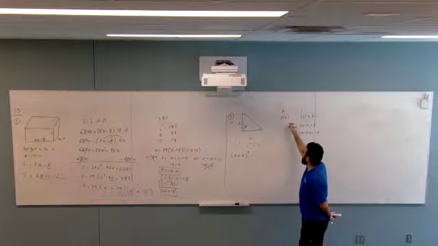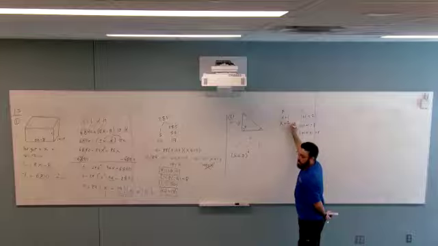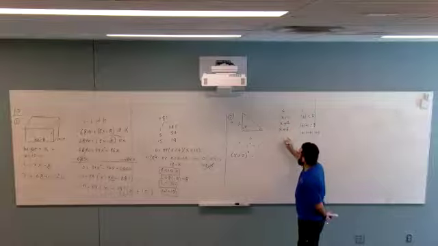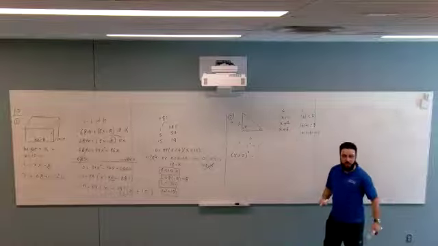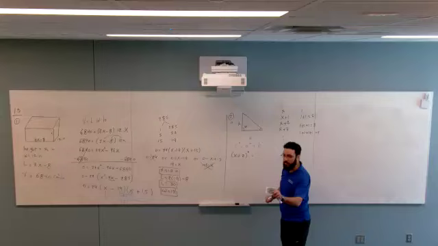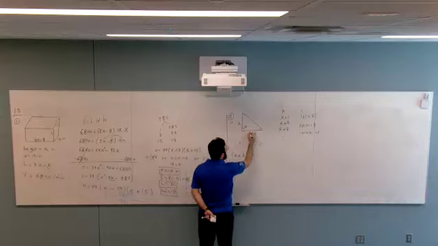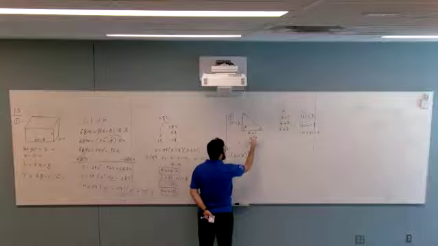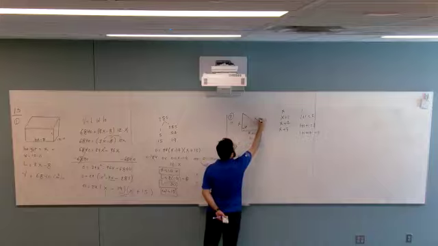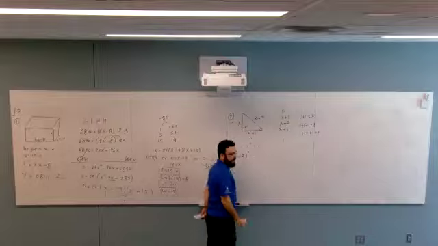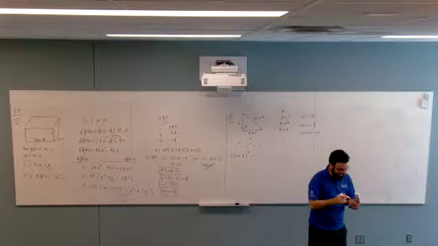Now the third number is x plus 2. Now if they ask you to take 3 consecutive integers, I say this is x, now x plus 1, and here is the third one, x plus 2.